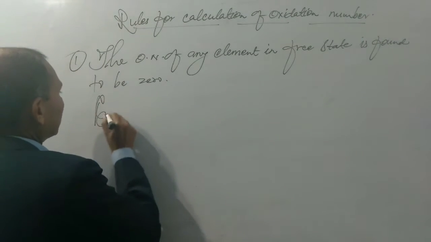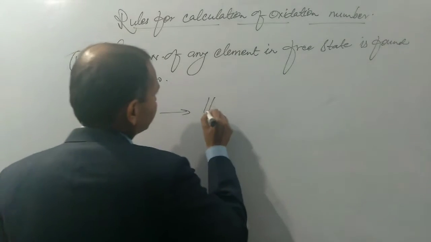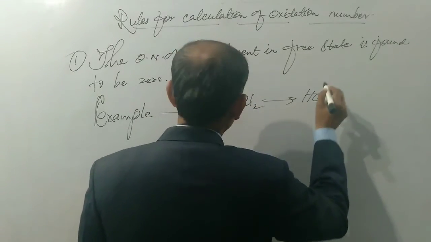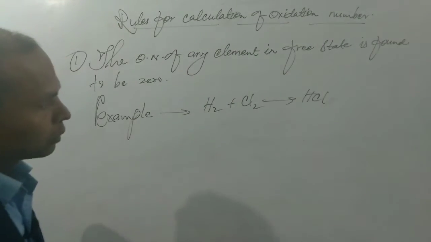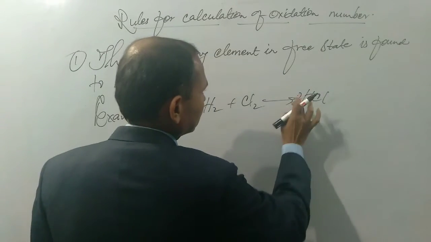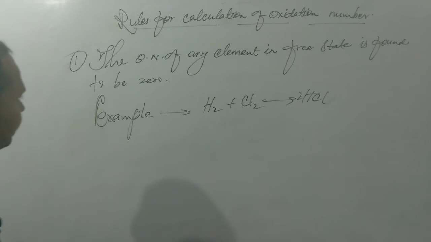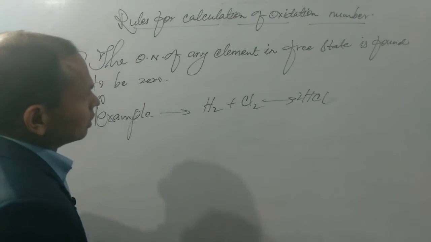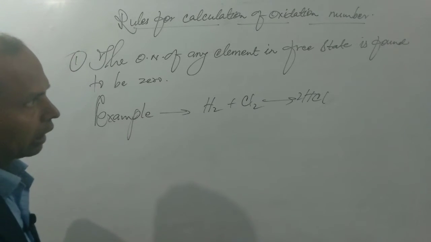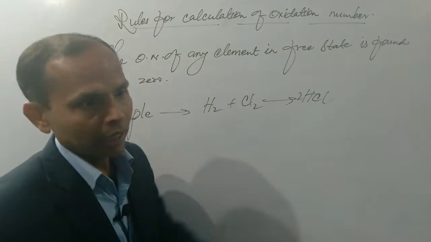As an example, hydrogen reacts with chlorine to form hydrochloric acid. If we have to balance the reaction, we have to calculate the oxidation number of hydrogen and chlorine in the case of hydrochloric acid.